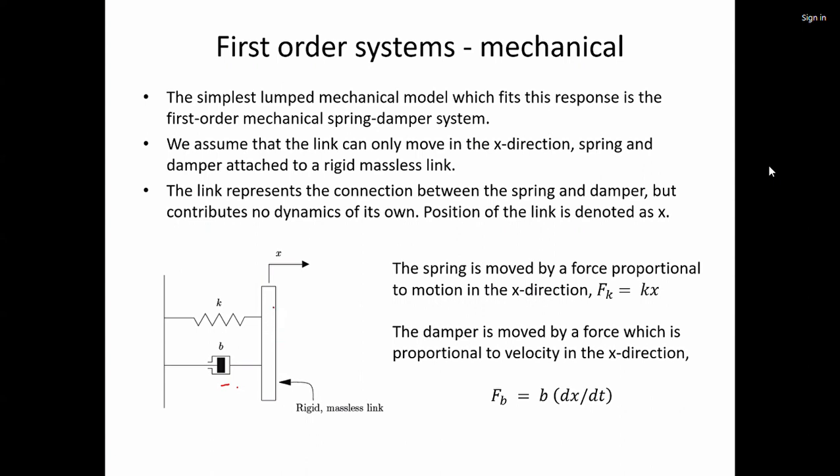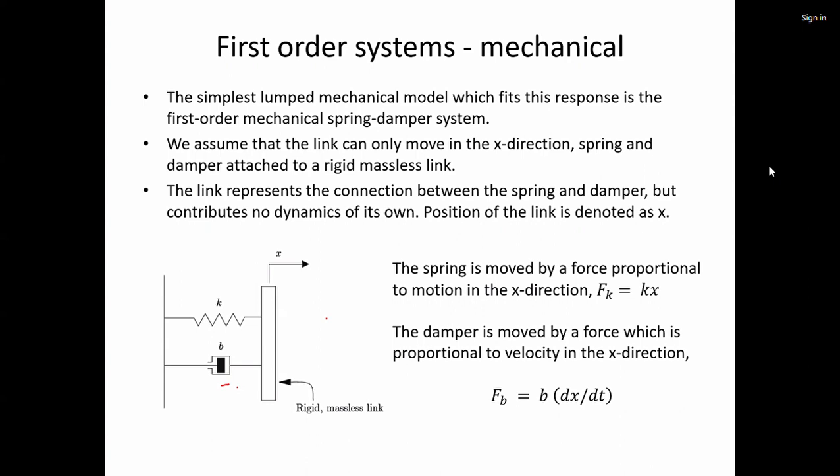And since it is massless, it will not impart any inertia force, right? There will be no inertial force contribution coming from this massless plate platform. And in this analysis, we assume that, let's say this massless platform can only move in the x direction, so there is no movement in the other direction.